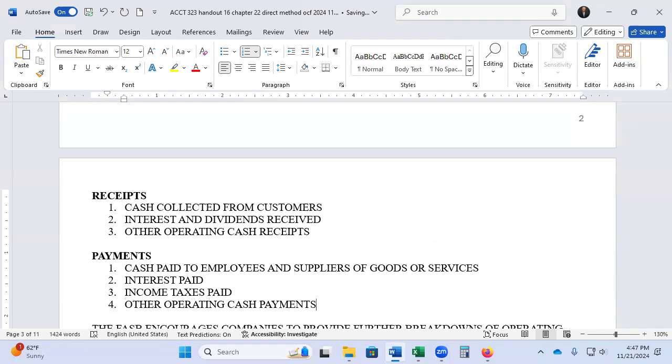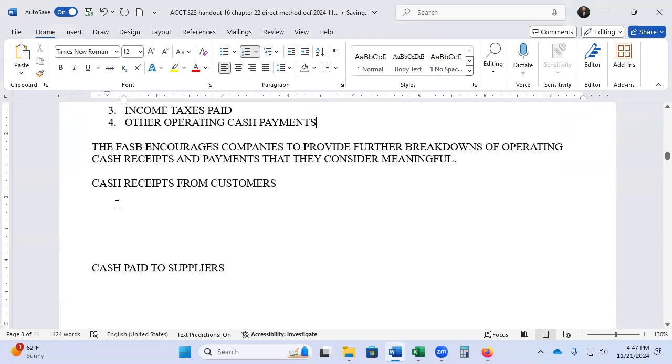So you kind of have to keep a little reconciliation with you to calculate how you're going to be able to get these answers. So how do you get cash receipts from customers?